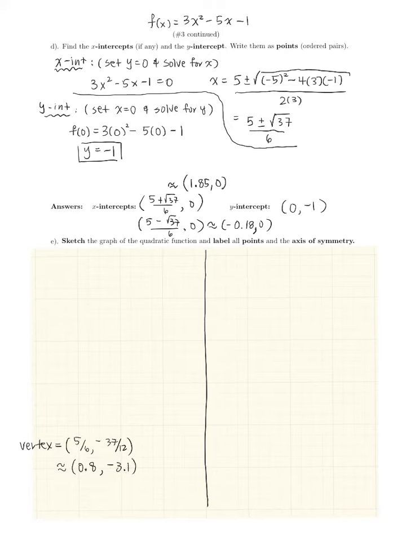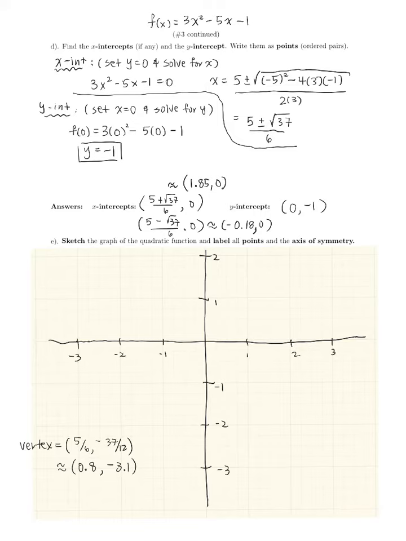Okay, so I'm just going to have to plot that approximate value. The y value is going to go to negative 3.1. So let me just draw the y-axis here. Pretend that's straight. I'm going to make my grid 1, 2, 3, negative 1, negative 2, negative 3 on both axes.